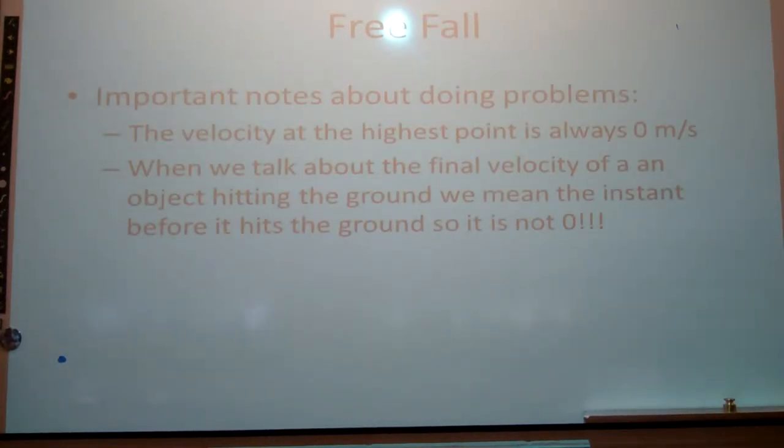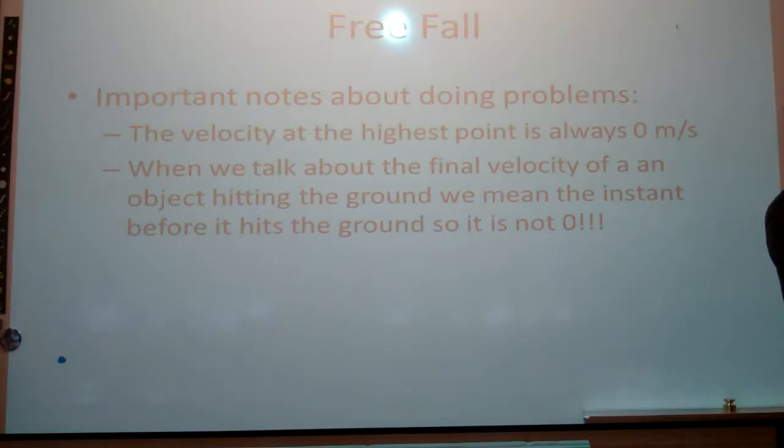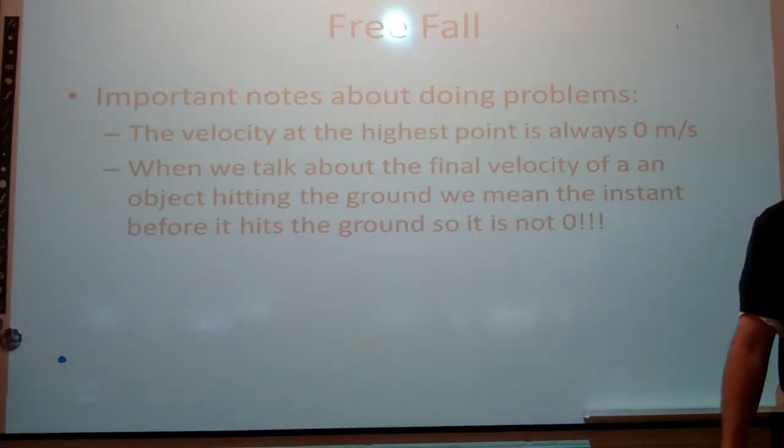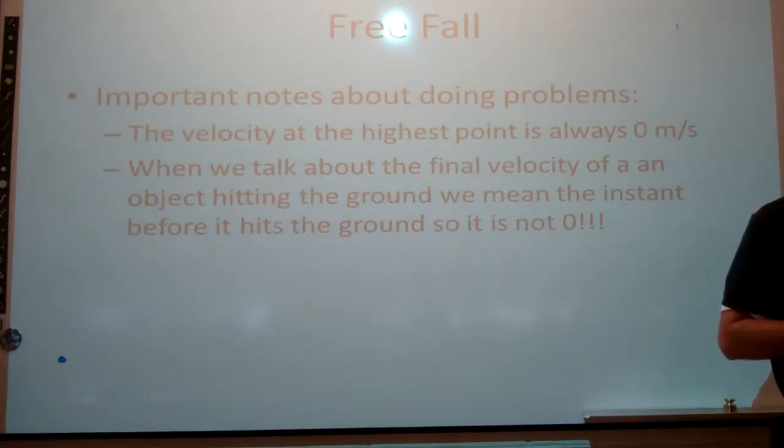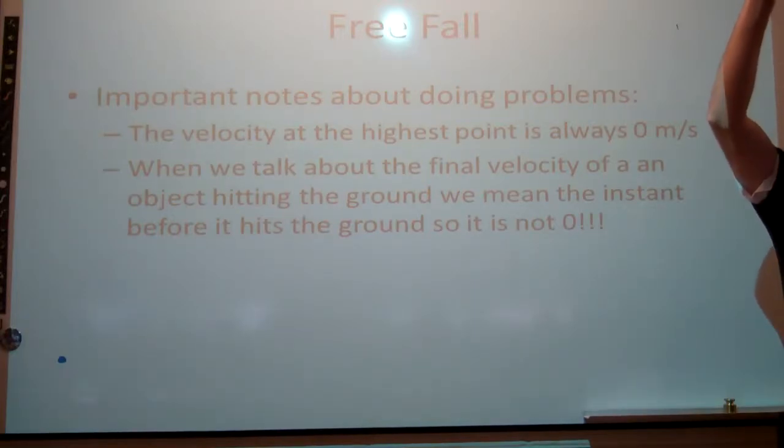Right, 2 important notes here. These are going to be the things that mess you up. The velocity at the highest point in something's flight is 0. So if I toss this up, when it gets to the highest point, the velocity is 0 there. Is the acceleration 0? No. What would happen if the velocity and the acceleration were 0?